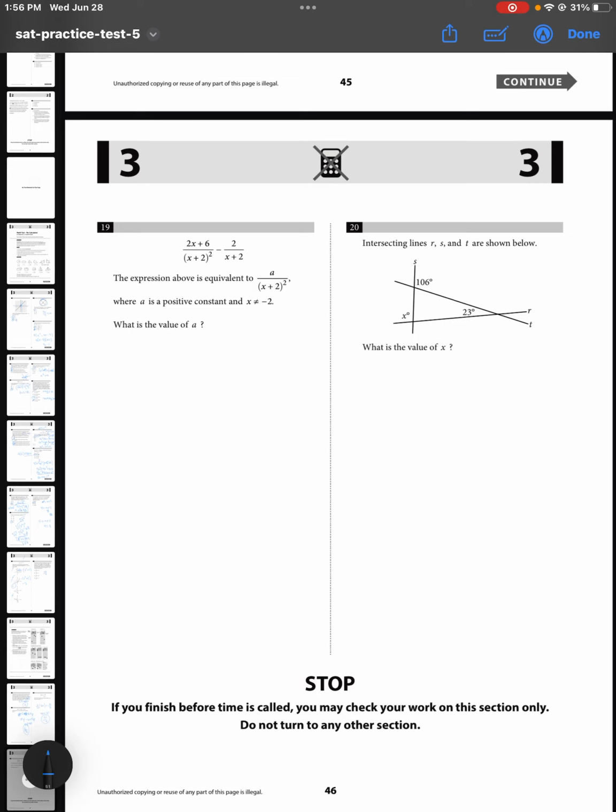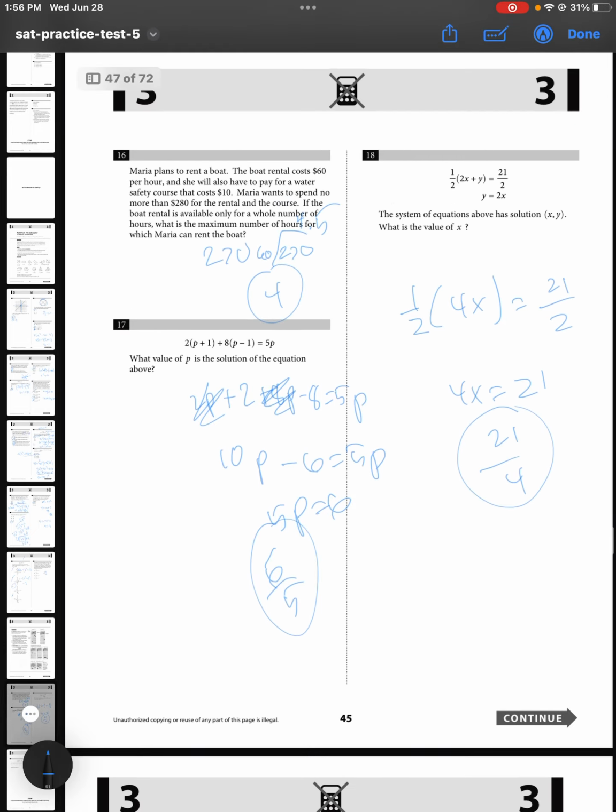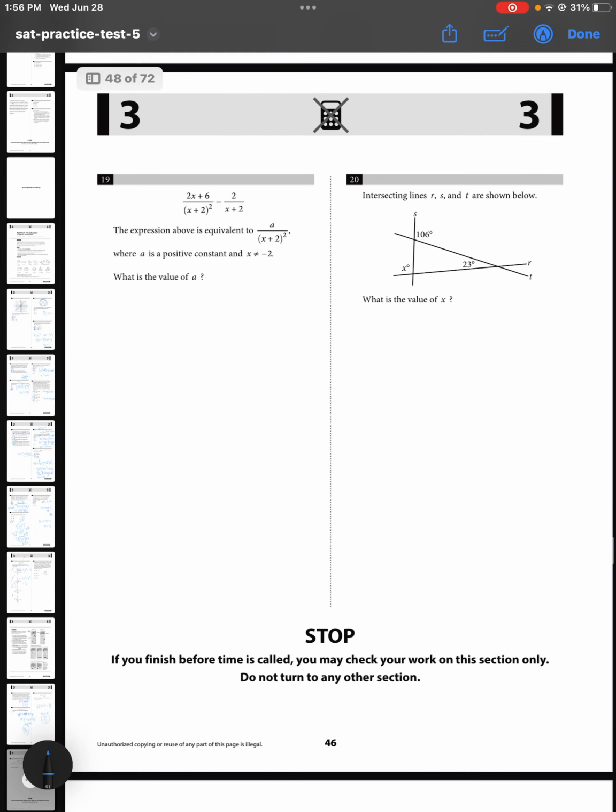Okay, the expression above is equivalent to a over x plus 2 squared, where a is a positive constant. What is the value of a? Okay, so to get a common denominator, we need the common denominator to be x plus 2 squared, right? So we multiply by x plus 2 on the top and bottom.